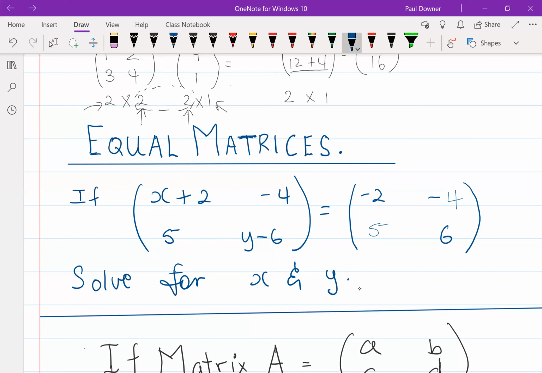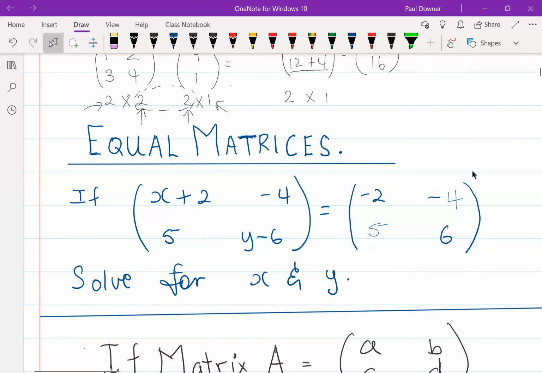So if these matrices are equal, then this element here, x plus 2, must be equal to this one here. The first element in the first row on the left must be equal to the first element in the first row on the right. So x plus 2 must be equal to -2. The second element in the first row on the left must be equal to the second element in the first row on the right.